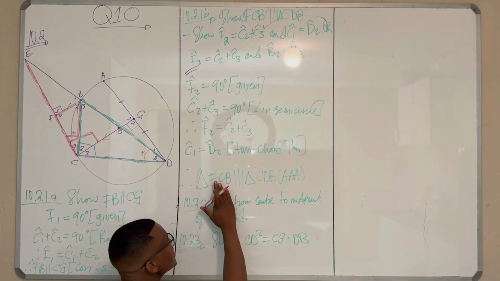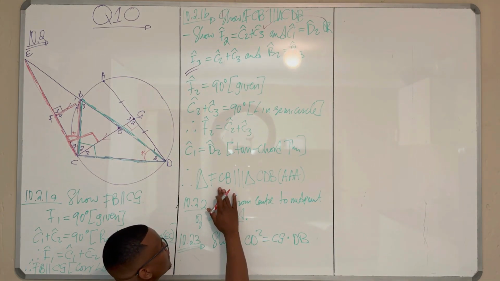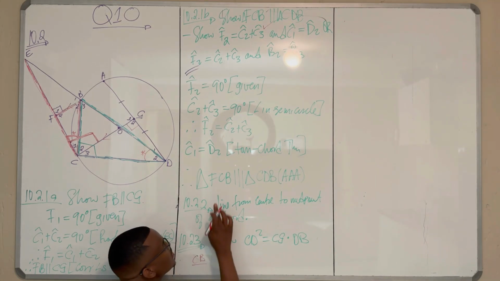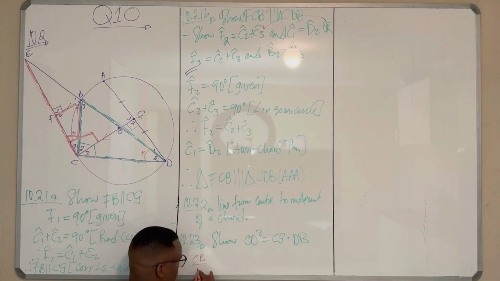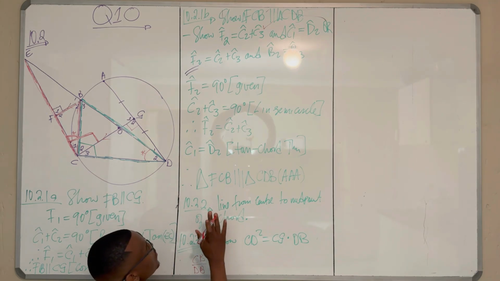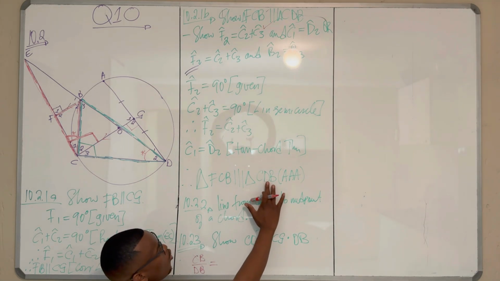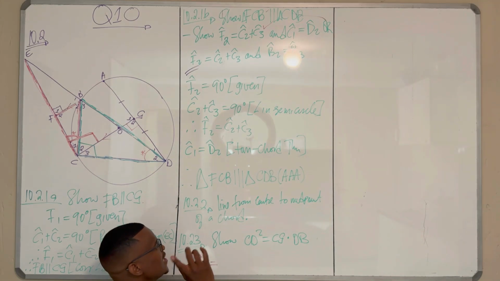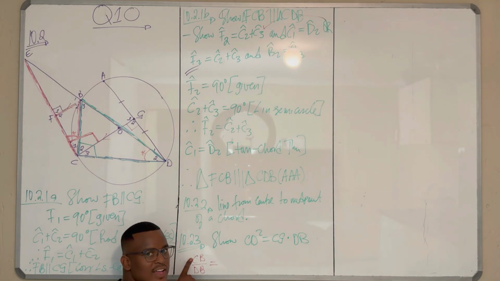Look, so these two are similar. If you take CB over DB, it is going to be equal to what? You see, because you want the square of CB, what is common, what appears twice, you must set your ratios so that the CB appears twice as well.